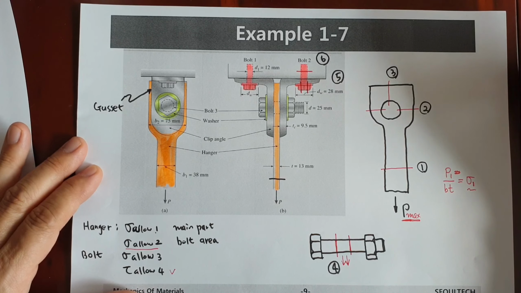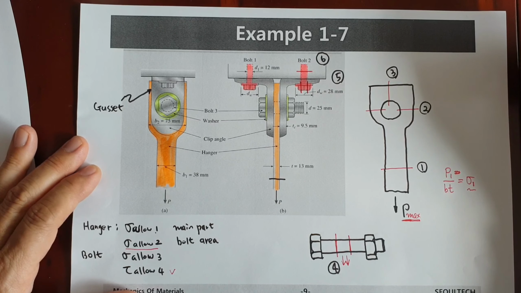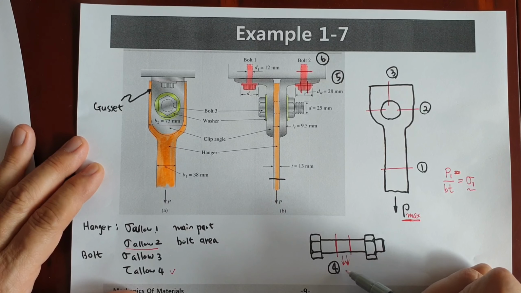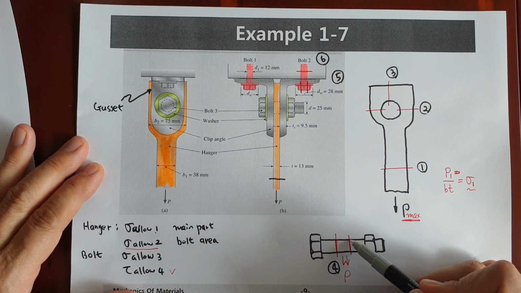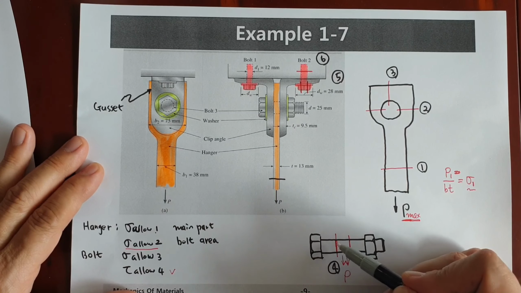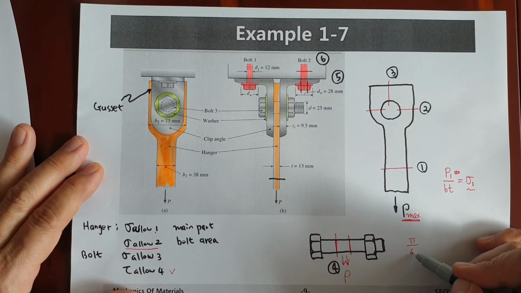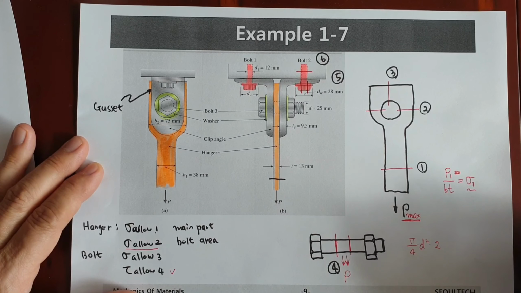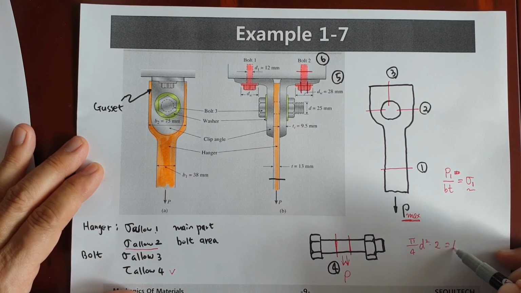And when you think about shear force, in this case, when external force is P like this, the shear area is actually pi over 4 d squared. We have two shear areas. This one is A, let's say bolt 3.